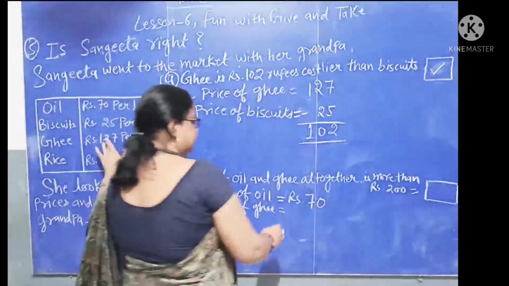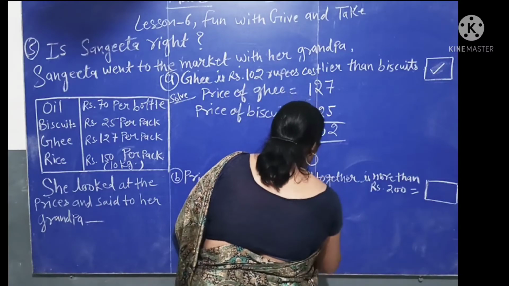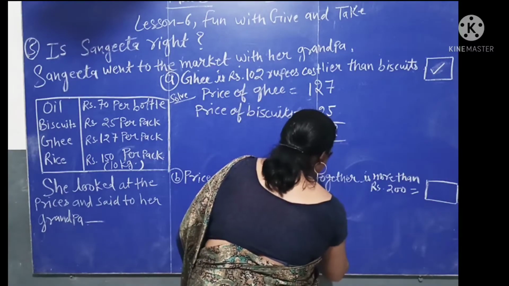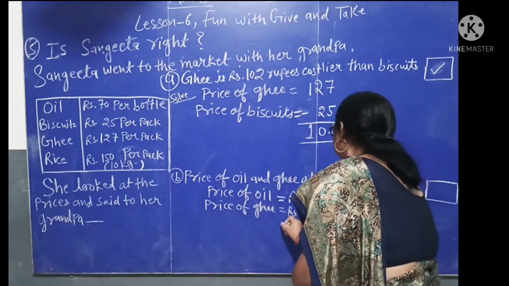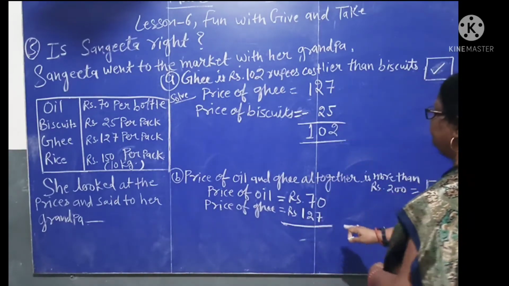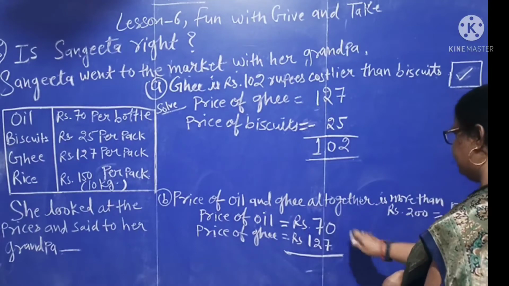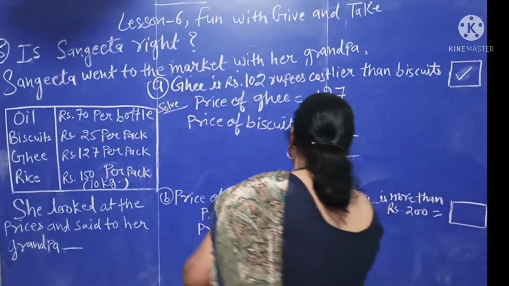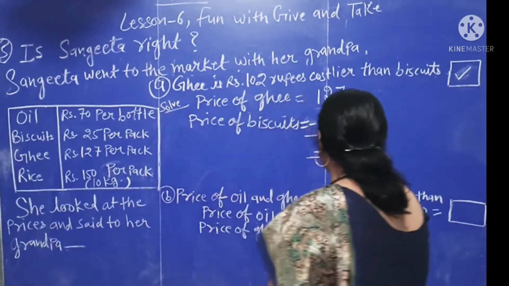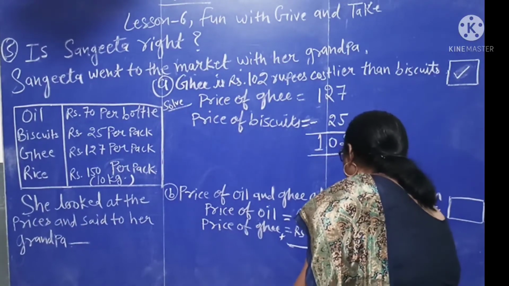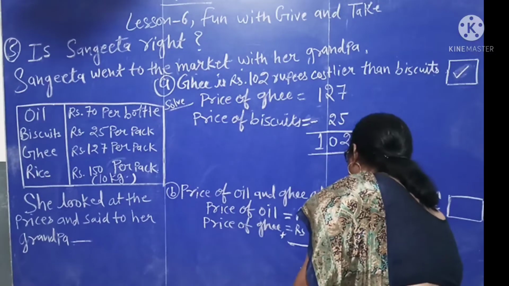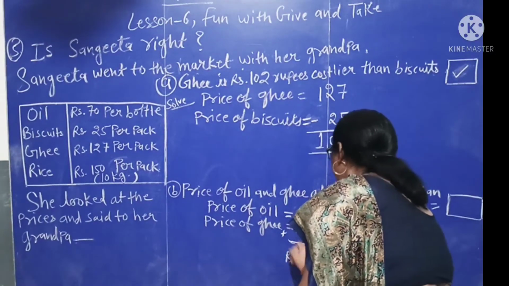Rupees 127. So we want to know the cost of oil and ghee altogether. Let's add. 0 and 7, 7. 7 and 2, 9. And here is 1. Rupees 197.